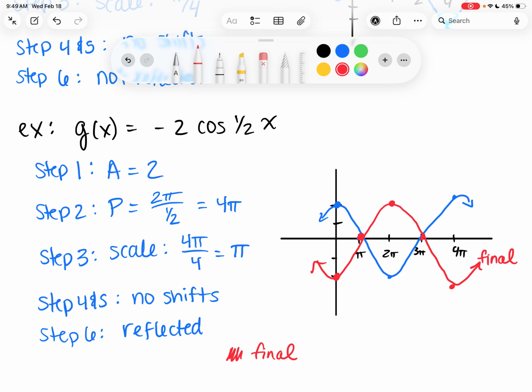Okay, because then you have to find the midline and it's shifted and all that, and it just gets more complicated. Okay, but for the sake of what we're doing right now, I'm pretty much always going to start with the original, then I'm going to reflect, then I'm going to shift all in one step. So steps 4 and 5 will happen at the same time in a graph when we get one that has both types of shifting. Okay? Questions about this one? Okay.